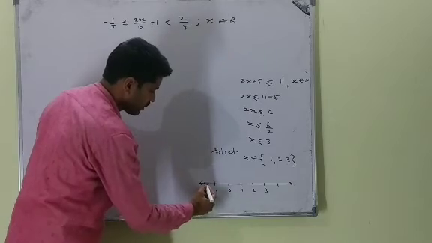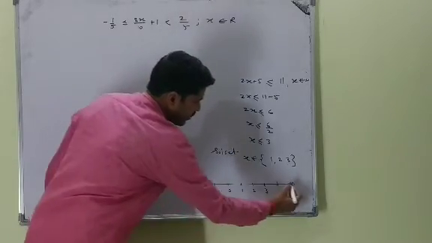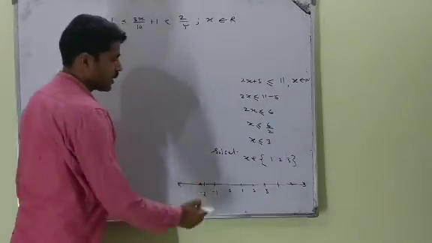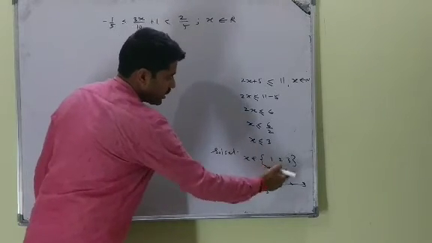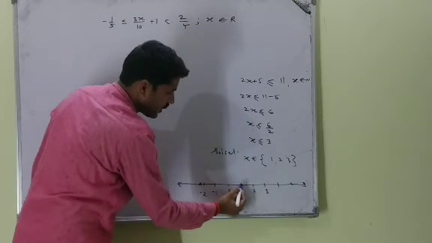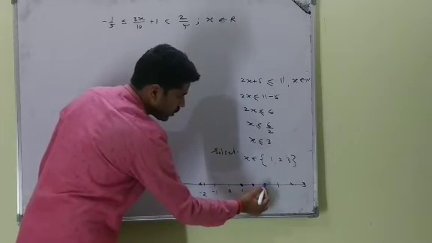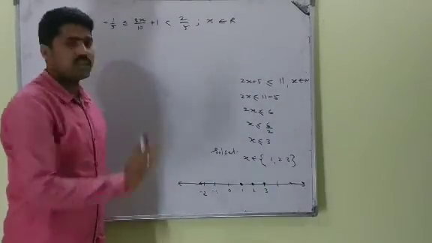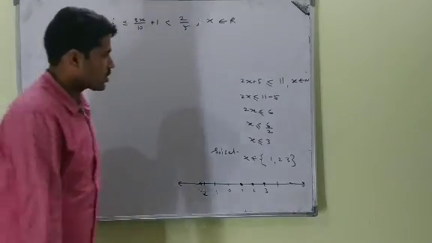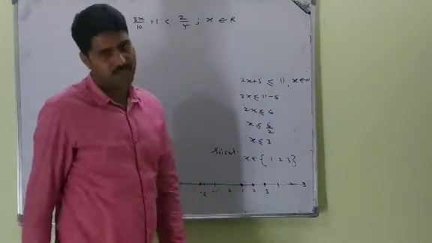Minus 1 you can take here. Minus 2, you can also extend the line. No problem. Now, what is the solution? 1, 2, 3 natural numbers. So you can darken 1, 2 and 3. This is the representation of the solution.